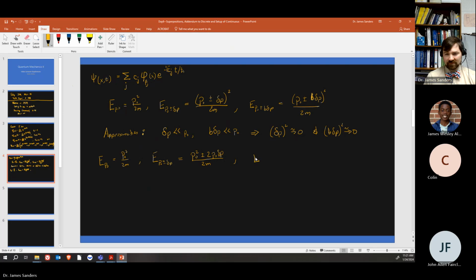And then for the outer peaks, these of course are approximations. This is approximately (p naught squared plus or minus 2B p naught delta p) over 2m.